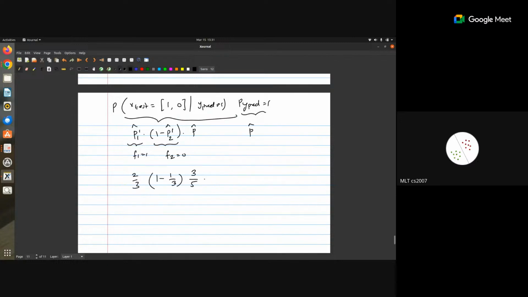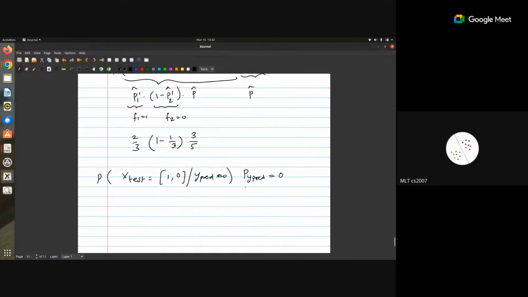Now similarly, for the probability of x test equal to this, I want to find the probability of x test equal to 1 0, but given now y prediction equal to 0, into the probability of y prediction equal to 0.